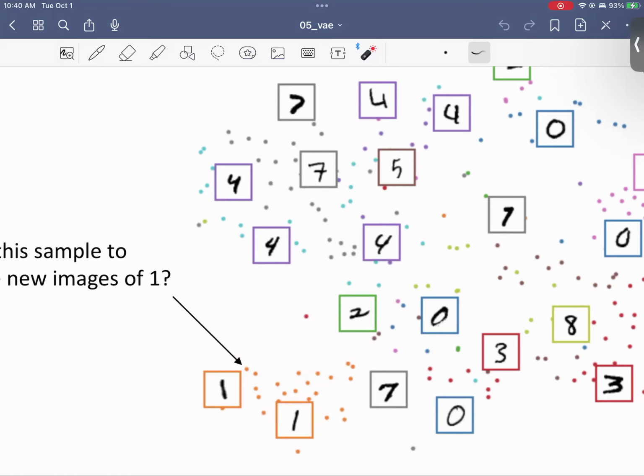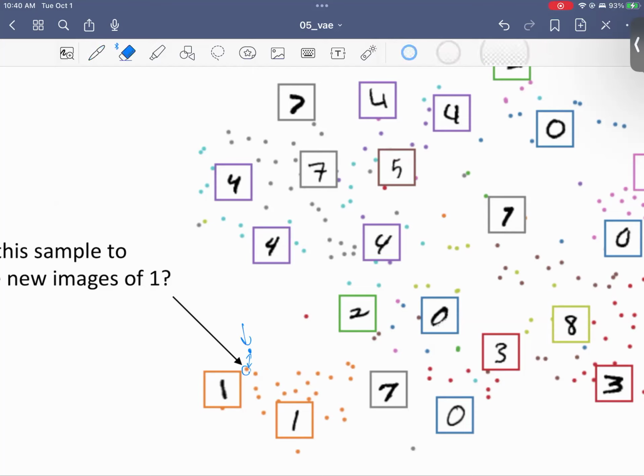For example, if we add a new dot here, which is only this much away, then it's only a small distance away from the actual one, so we can assume that this is probably a 1.